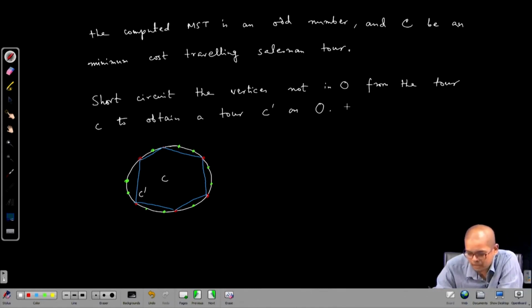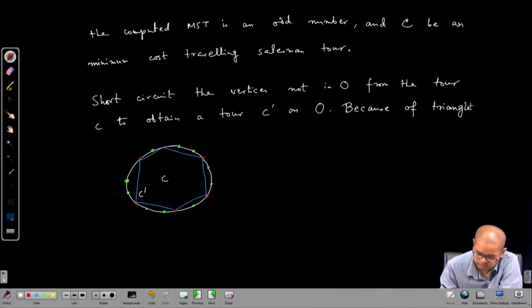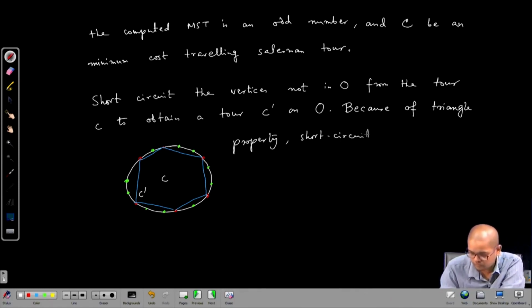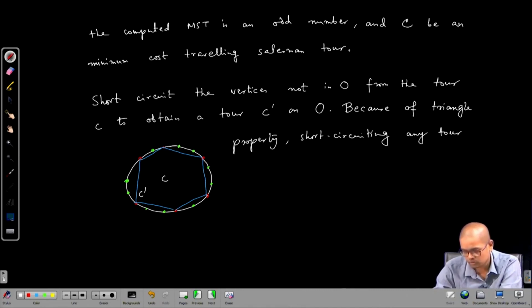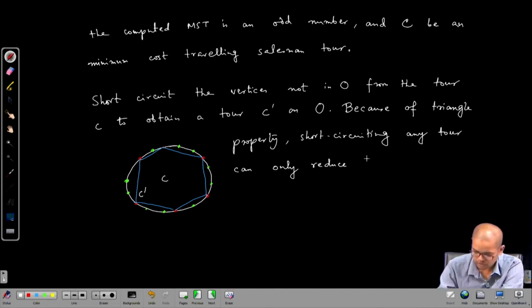So, again because of triangle property, short circuiting any tour can only reduce its cost.